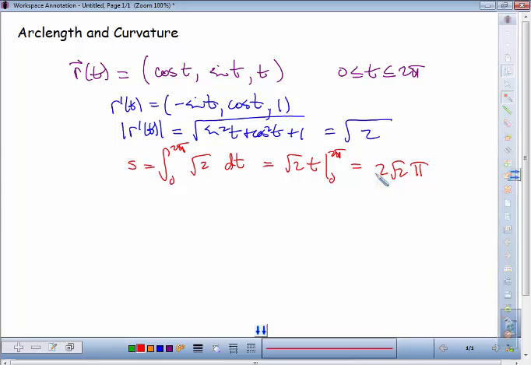So this is the arc length of a helix from 0 to 2 pi rotation. Any questions about this? All right.